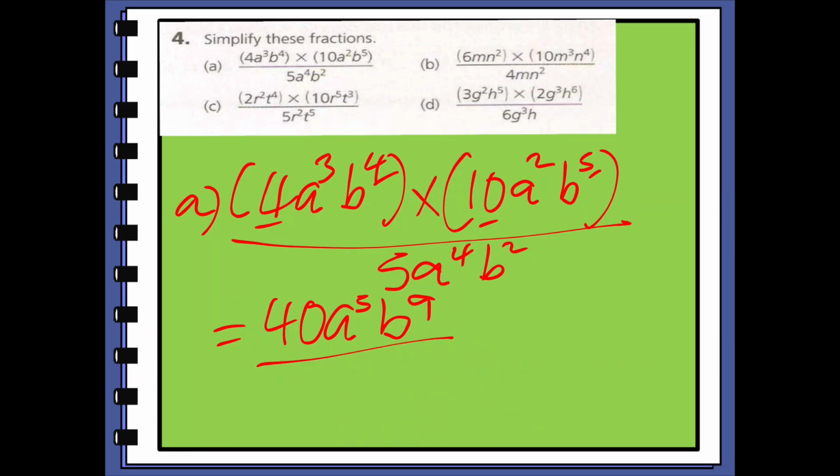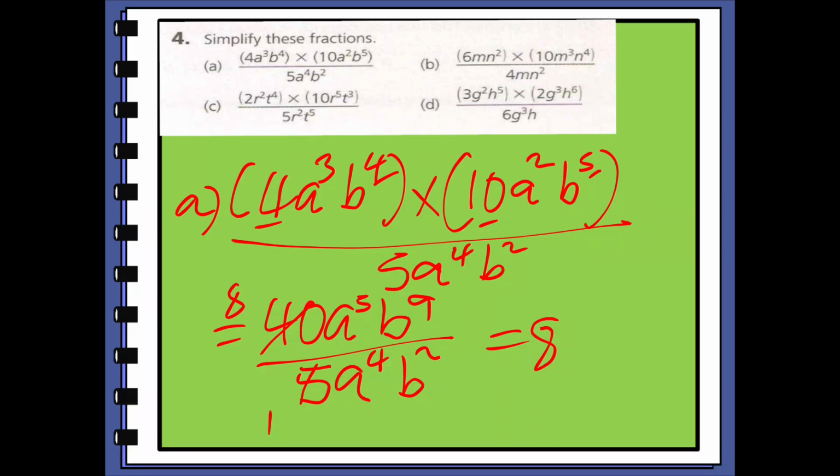Then over, what do we have down there? 5a to the power 4, b squared. Okay, so we can do the division for the base. 5 into 5 it's 1, 5 into 40 it's 8. So the base is 8.